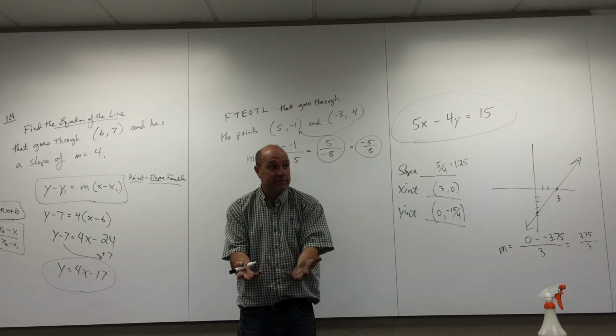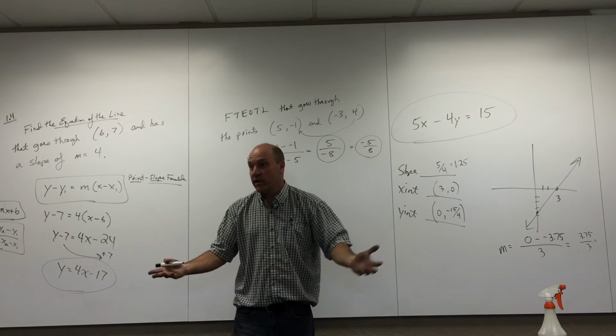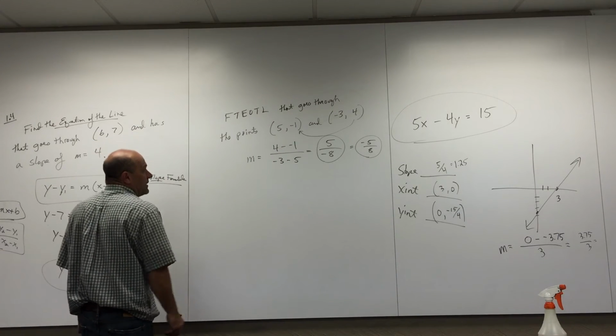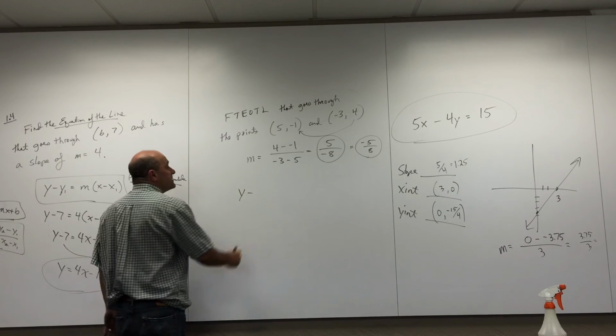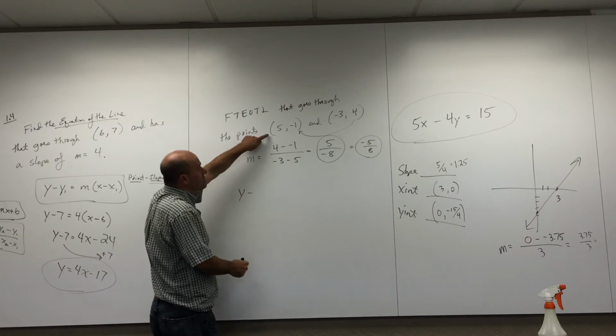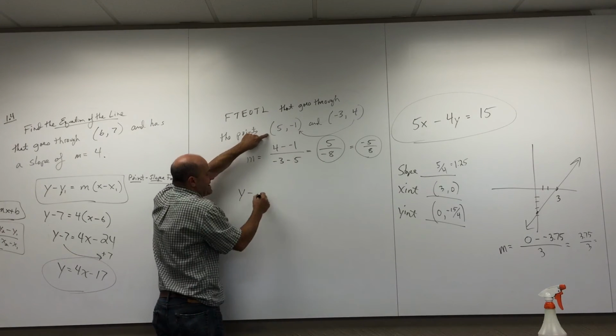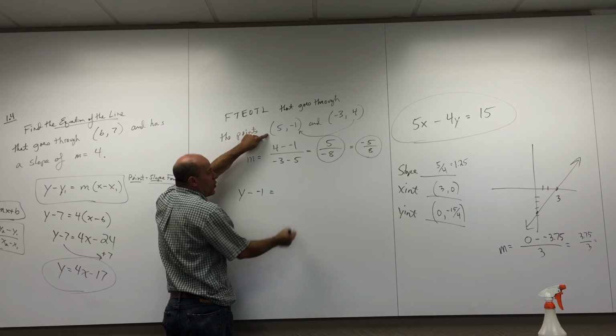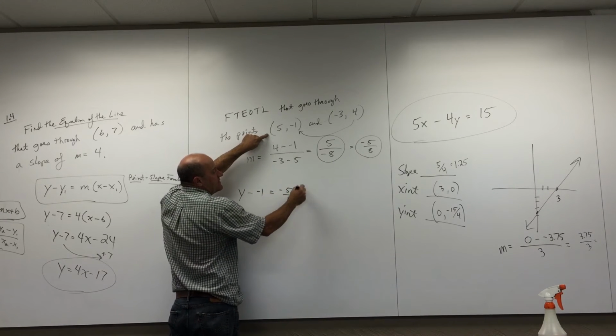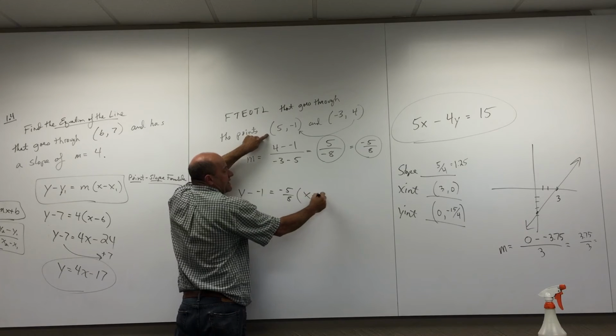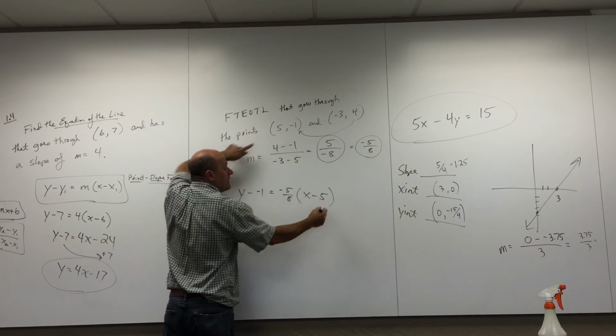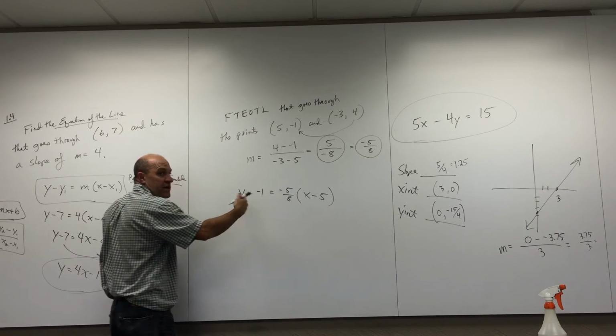It's the same line. It's the same equation. Doesn't matter. Here I go. y minus, I guess I'll use this first point, so y minus -1 equals the slope, -5/8, times parentheses, x minus the x value 5. You see how I did that? Point slope formula.